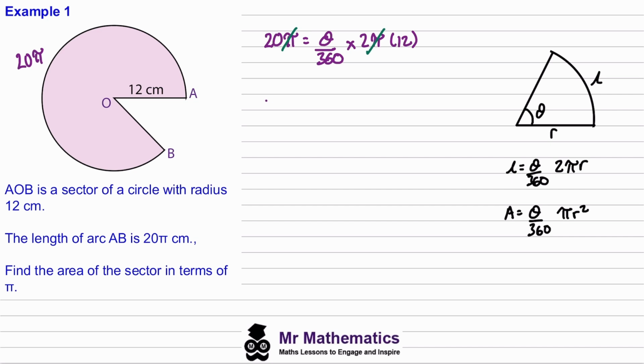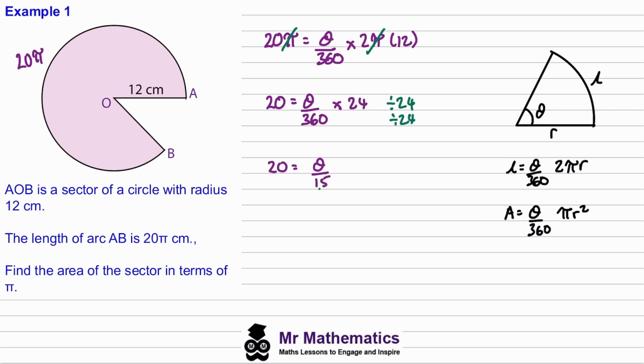So we'll have 20 will equal theta over 360 times the 24. And 24 is a factor of 360. So we can simplify this fraction. We'll divide both by 24. So 20 will be theta over 15.